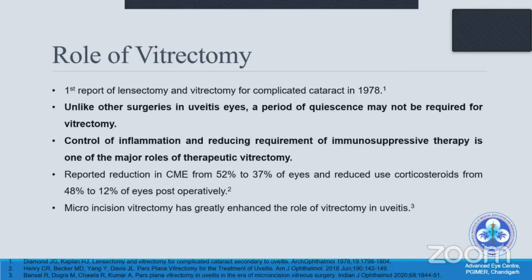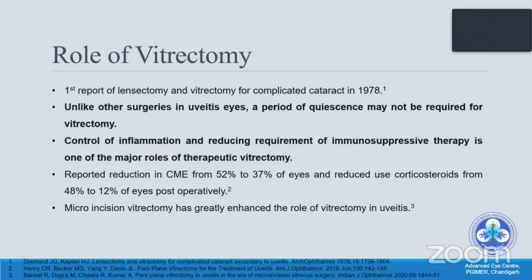The first report of lensectomy vitrectomy for a complicated cataract, something we just saw with Dr. Raman, came out in 1978. Unlike other surgeries in uveitis, like the cataract and glaucoma surgeries we just heard about, a period of quiescence may not be required for vitrectomy, as control of inflammation is one of the objectives of vitrectomy in many of these cases, along with reducing the requirement for immunosuppressive therapy.